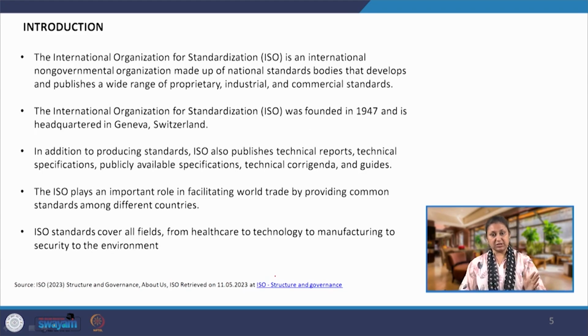From technology to manufacturing, all fields are covered under the standards, and not just these, but security, environment, everything is covered by ISO. So, it is a dynamic, diverse organization which has very wide length and breadth.